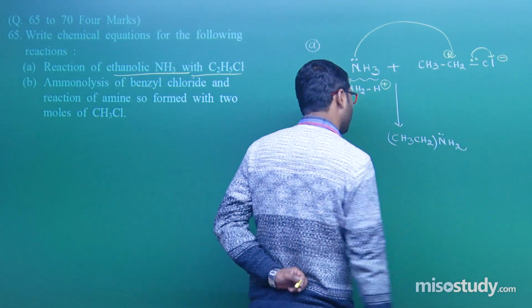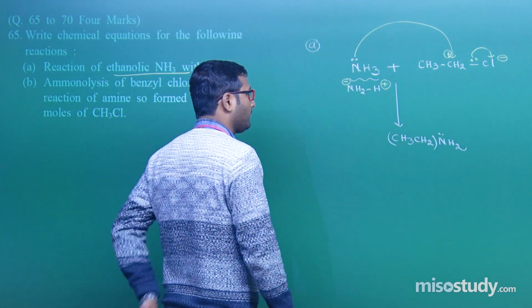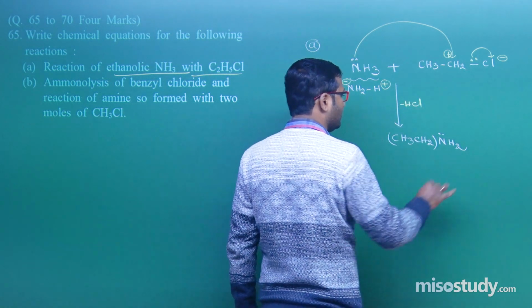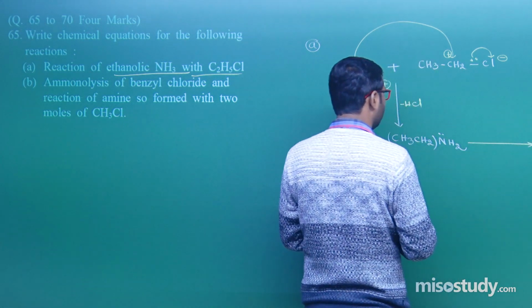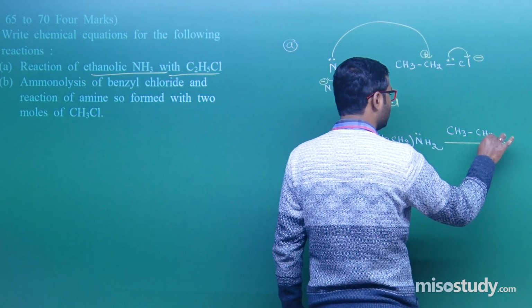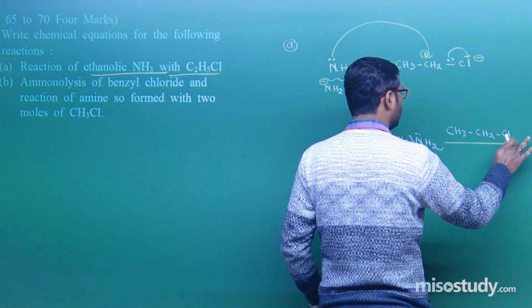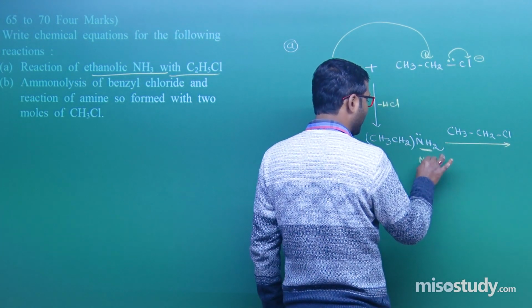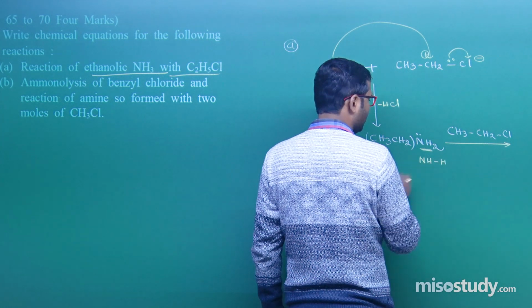Again, it has a lone pair of electrons, and the byproduct we are getting is HCl. Now again, this is treated with CH3 CH2 Cl. The same case will happen: this can be written like this, NH and H. Clear?